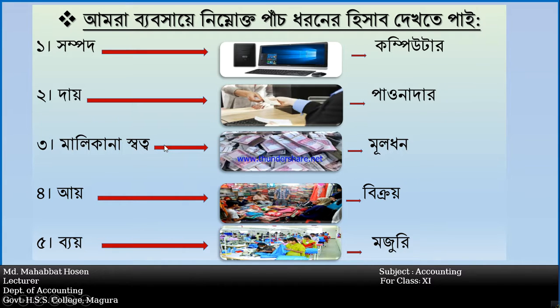Owner's equity accounts, where capital is the best example. Revenue or income accounts, where sales revenue is an example. And expenses accounts, where the best example is wages account. So assets, liabilities, owner's equity, income or revenue, and expenses. These 5 types of accounts are seen while dealing with various transactions.